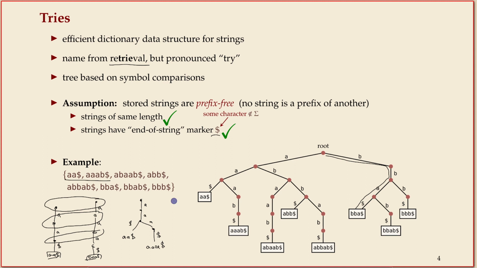So a few observations: it doesn't matter in what order you insert things. The structure of the trie is predetermined just by the set of strings that you store. That's unlike for binary search trees. Remember, we always needed to talk about inserting things in a good order. Question?